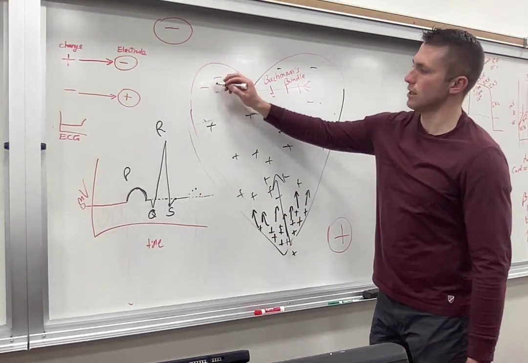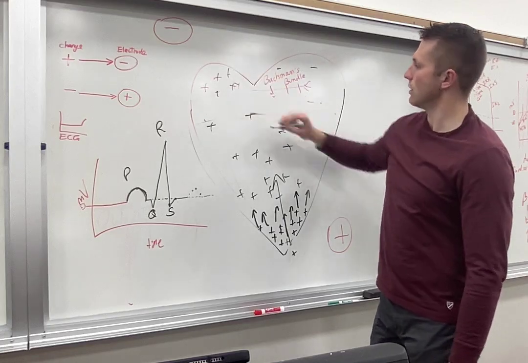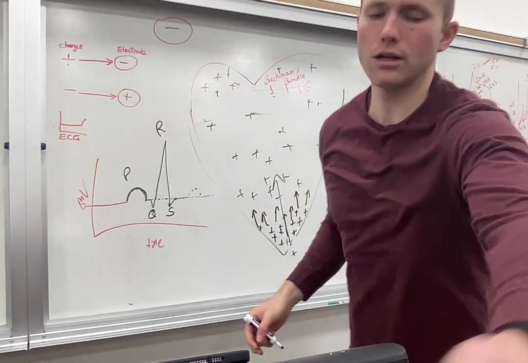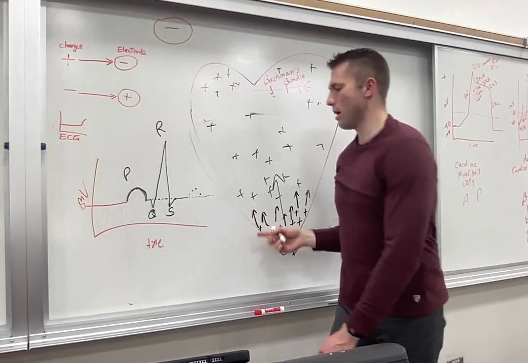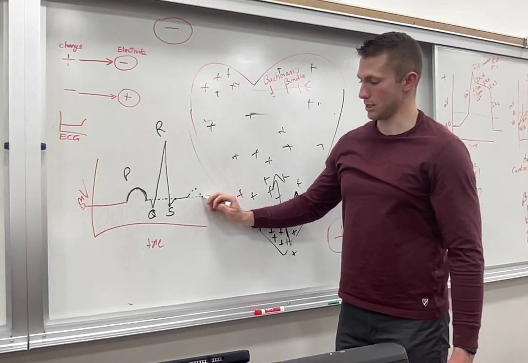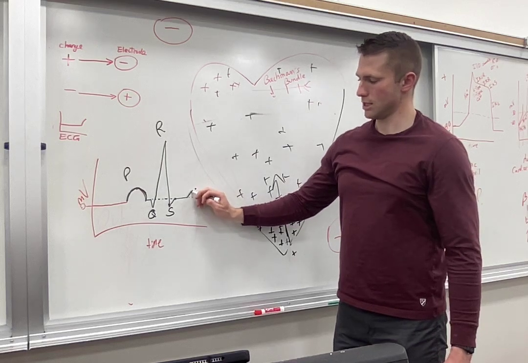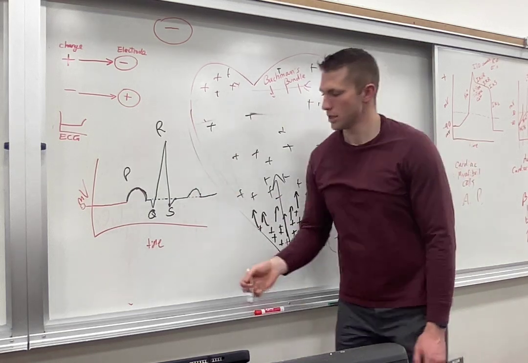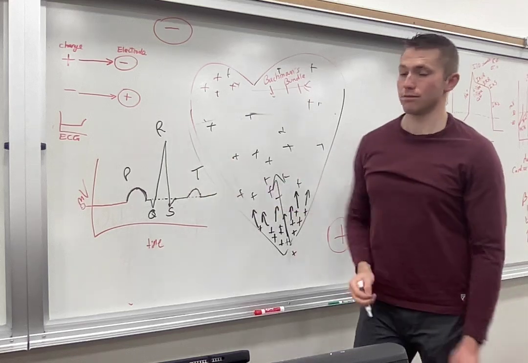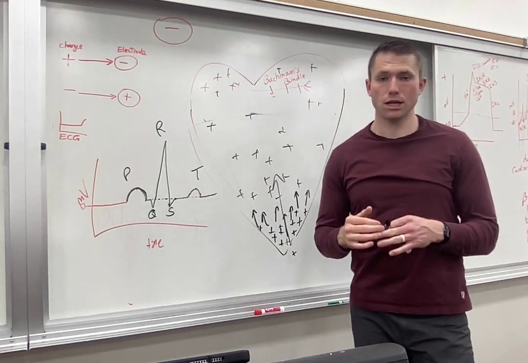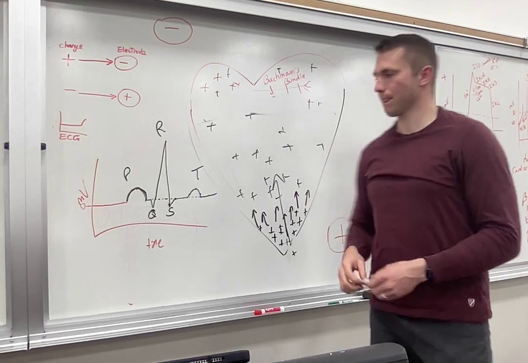But finally, all repolarization happens. All the outside of the cells are positive, and it returns to baseline. Then the ECG just traces out those data points. Now we're all one charge. That is the T wave. The T wave represents the repolarization of the heart.